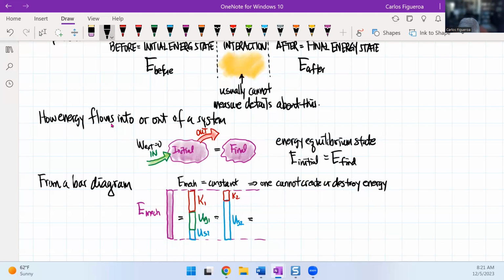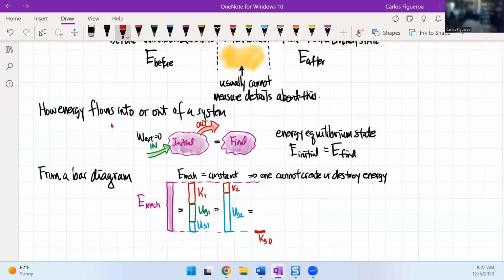And if I keep doing the opposite, maybe now all of a sudden here, the kinetic energy at 3 is 0. And then the system starts to change where now I have some spring potential at 3, and the rest of it then has to be gravitational potential energy at this point.